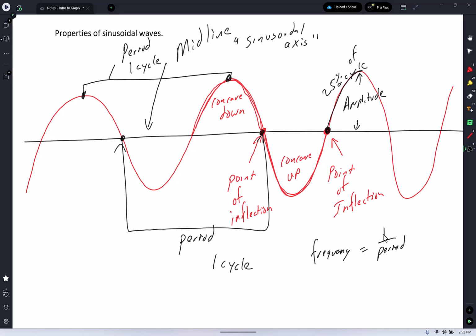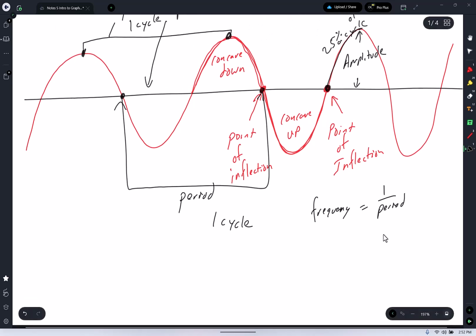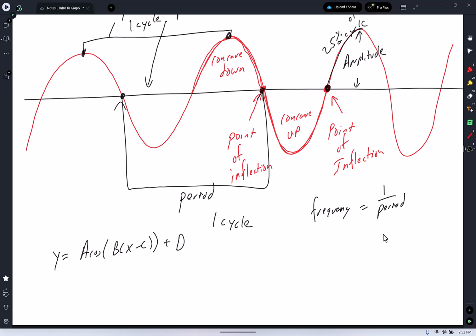Let's see, what else? We're going to do waves like this. y = A cos(B(x - C)) + D. I'm just going down the alphabet. It does not have to be cosine. It could also be sine. y = A sin(B(x - C)) + D. Yeah, capital A, and then cosine.